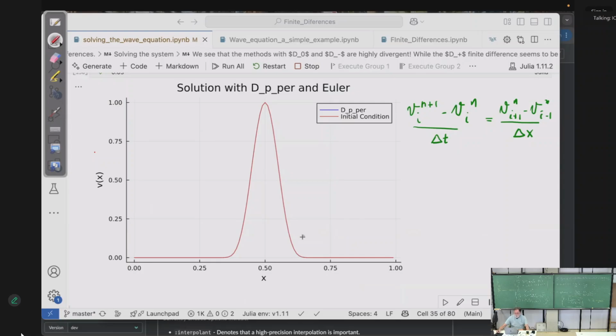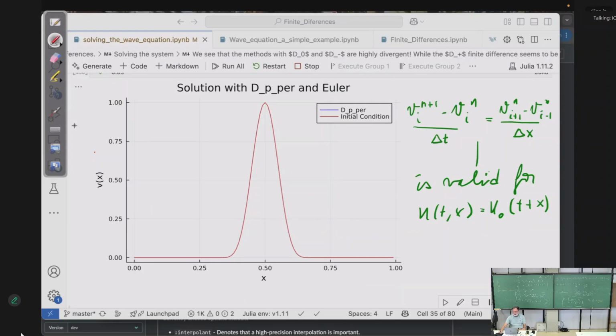That's why you get this. So this is valid for u(t,x) equal to any function of t plus x. You can check that. So that's why we are getting the right solution. So you might use these methods.